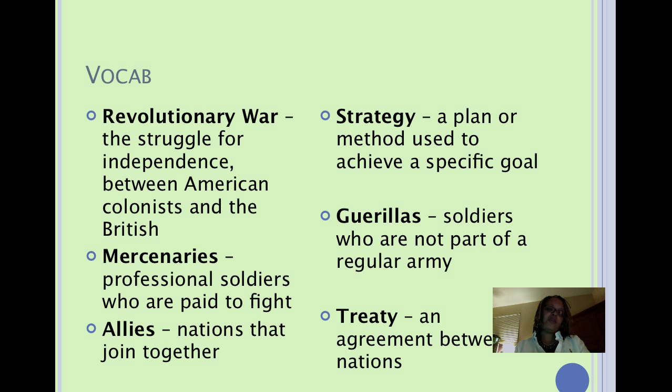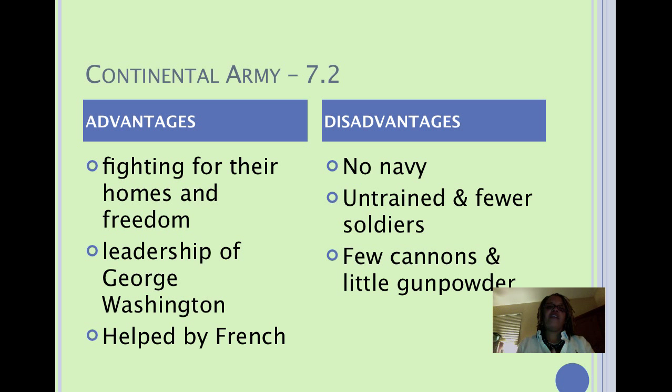They hid behind bushes and hid in trees and surprised people and planned sneak attacks. They didn't fight like a normal army, so they fought guerrilla style. And then a treaty is an agreement between two nations. I think a lot of you are already familiar with that word, but ultimately when this war ends, it ends with a treaty.